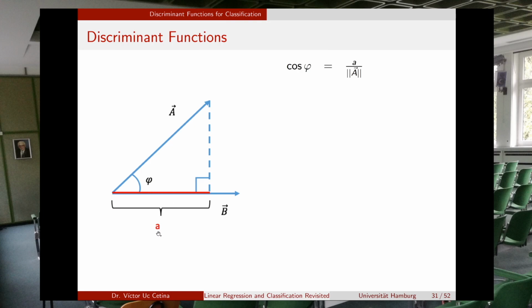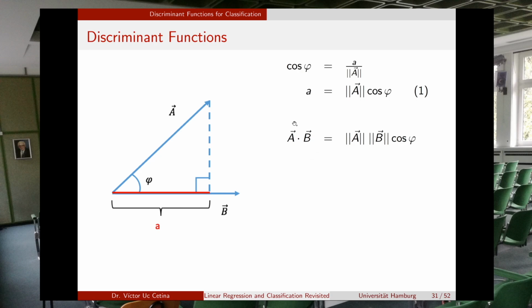So this will be small a. First, remember that the cosine of phi will be defined as a over the size of this side of the triangle, which is the magnitude of vector A. And we write it like this. Then from this expression, we solve for a, and we see that a equals the magnitude of vector A times the cosine of phi.